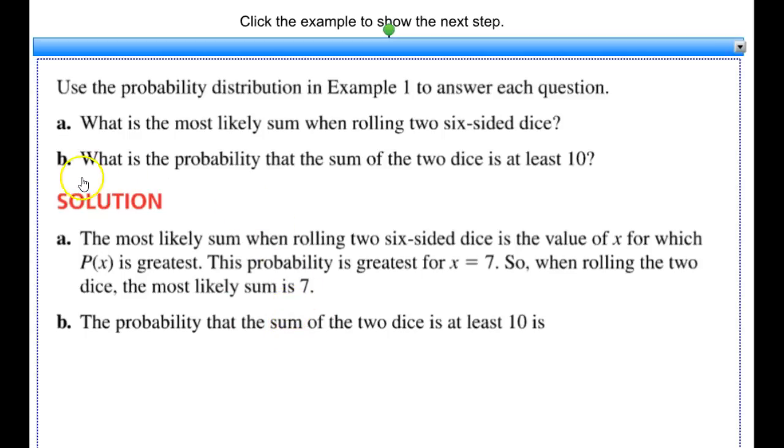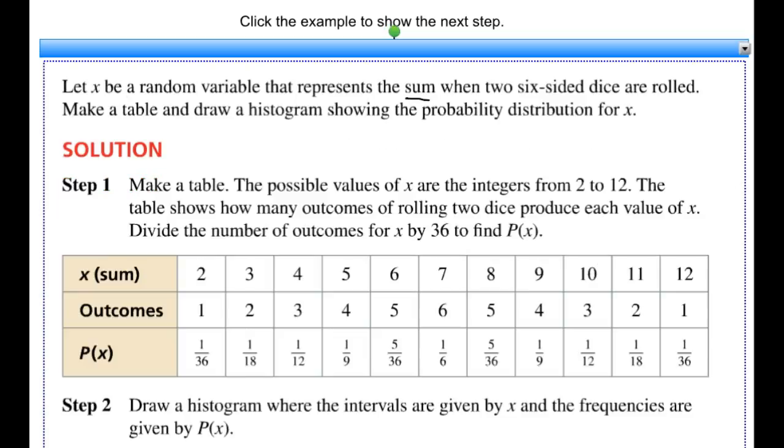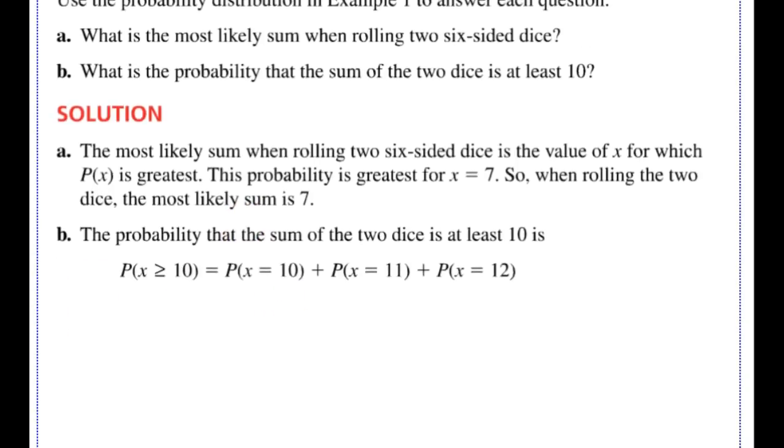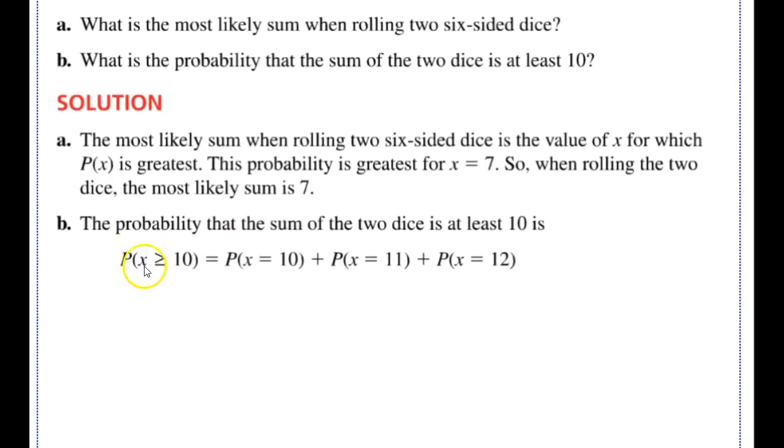Okay, so I can see that either in the table or my drawing. So then I have to figure out what is the probability that the sum of the 2 dice is at least 10. So I can look and see, well, I'm dealing with these 3 columns over here because I've got at least 10, so 10, 11, and 12, and then I can deal with the probabilities there. So I want to add those probabilities up. So the probability that x is at least, right, greater than or equal to 10, is equal to the probability of x equals 10 plus the probability that it's 11 plus the probability that it is 12.